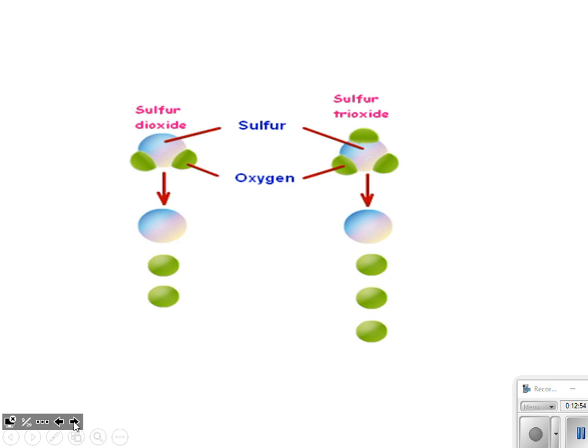So the simplest whole number ratios are 2 oxygens to 1 sulfur on the left, 3 oxygens to 1 sulfur on the right. So a 2-to-1 ratio, a 3-to-1 ratio. The law of multiple proportions.